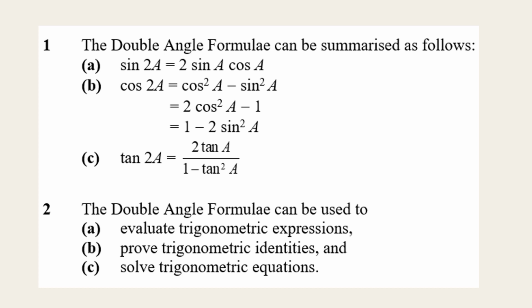If you look at what is written on the screen, we'll be learning sine 2A, which is equals to 2 sine A cos A. For cos 2A, you will see that there are three different formulas.